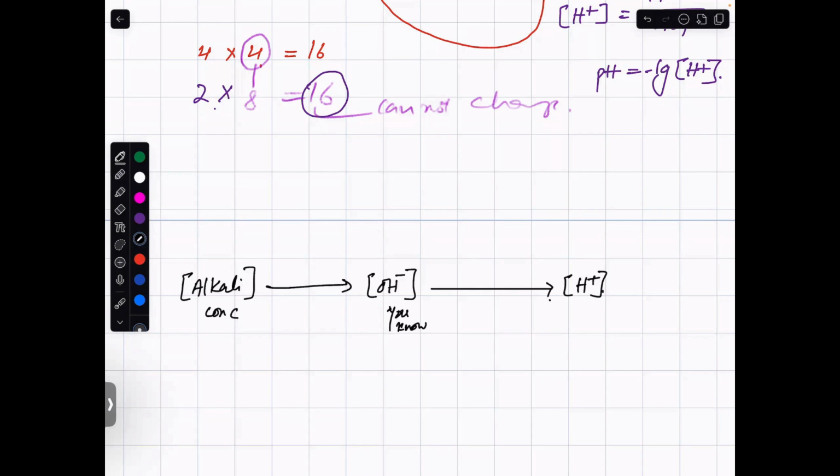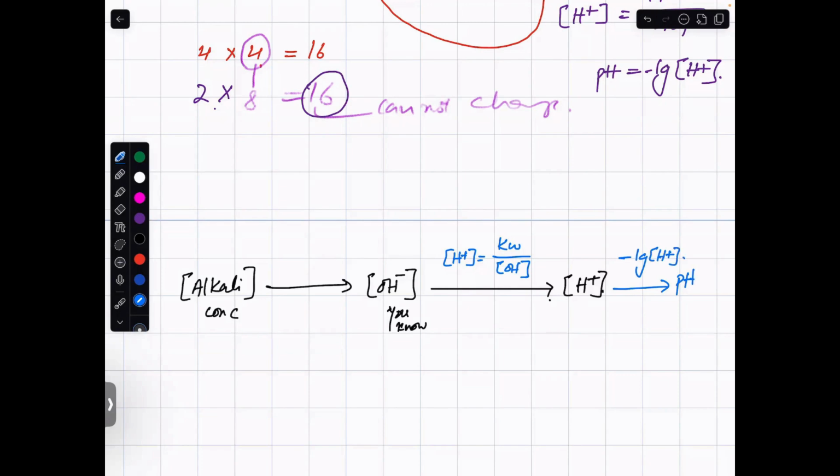You will make use of the Kw, because that is an aqueous solution and you're not changing the temperature. The H plus is equal to Kw divided by OH. And then you can get pH by taking the negative log. That's it.